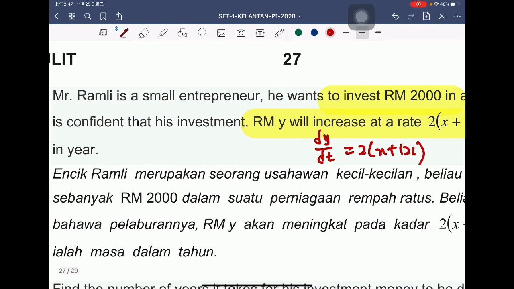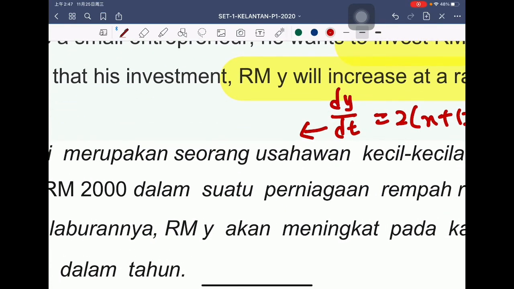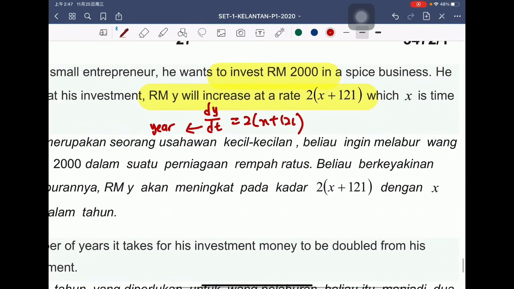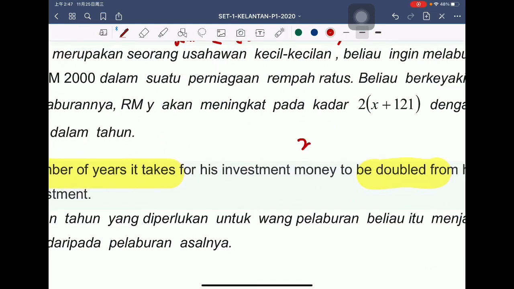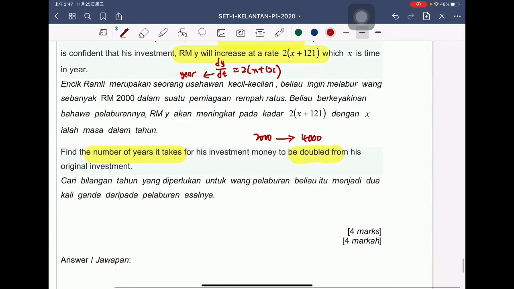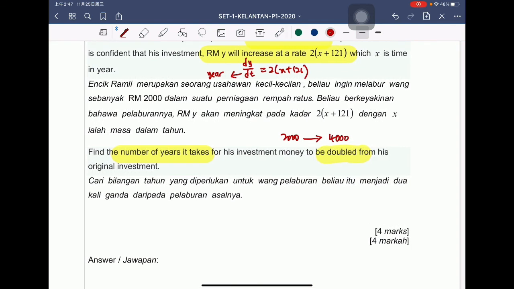But the t here, you need to be careful, is in years, how many years it takes. And then find out the number of years it takes for his investment money to be doubled. What does doubled mean? From 2,000 ringgit to become 4,000 ringgit from his original investment.